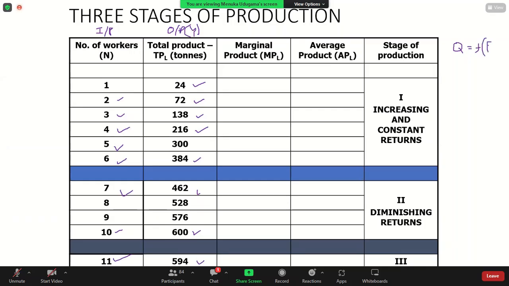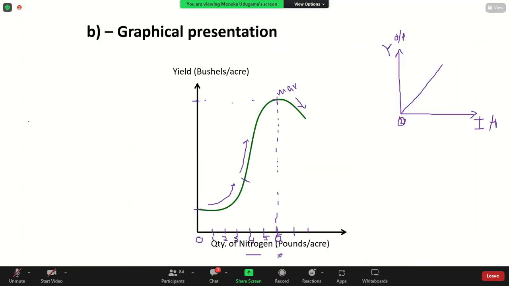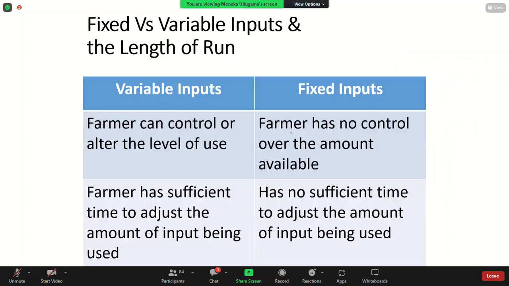In this case, it depends on the number of workers. The final output depends on the number of workers, N being the workers. So if you plot this on a graph, the graph that you get is similar to this sigmoidal shaped one.